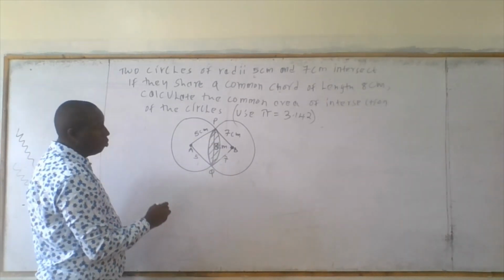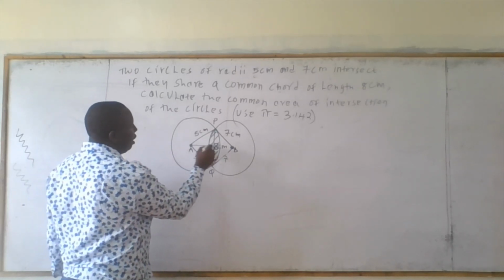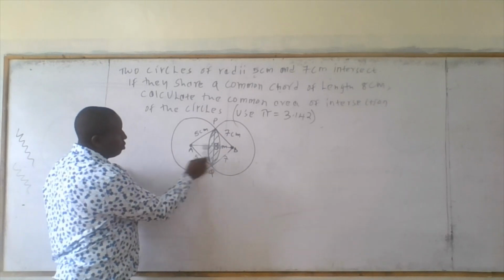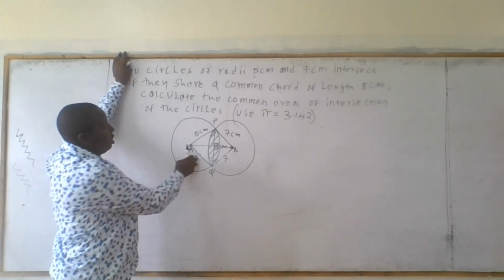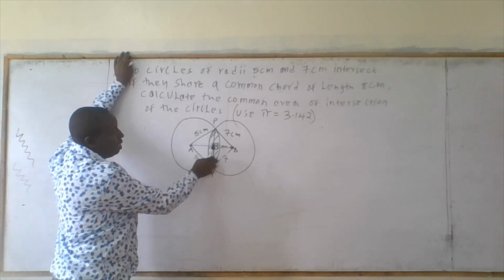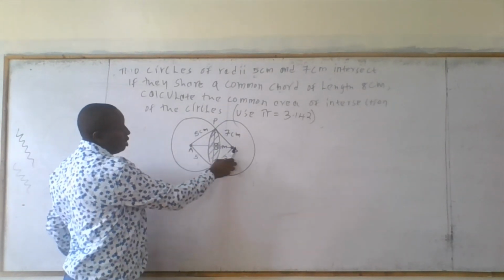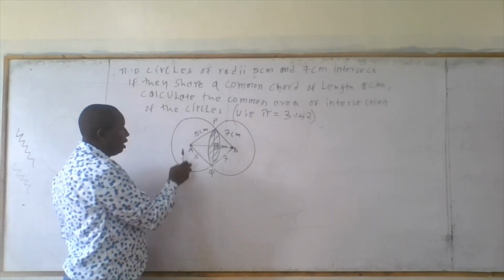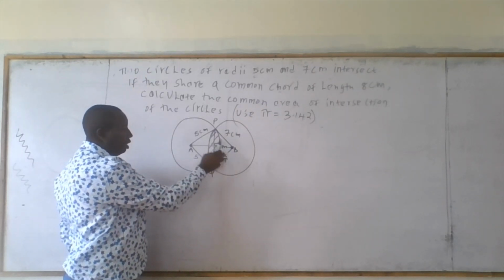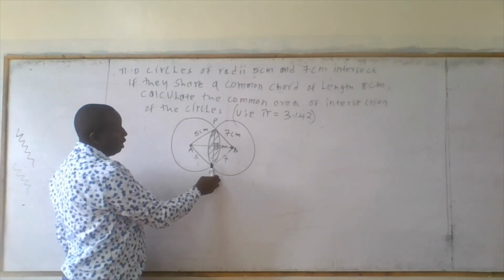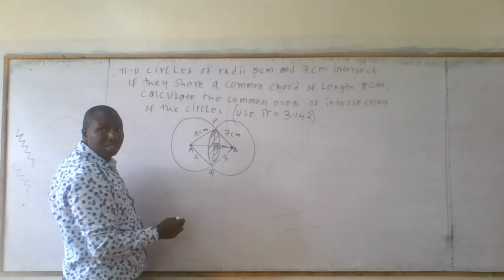Now, what you're supposed to do is join the two centers. When you join these two, this line joining the two centers bisects the chord. The line from A to B bisects this chord, and the chord from P to Q is 8 centimeters.